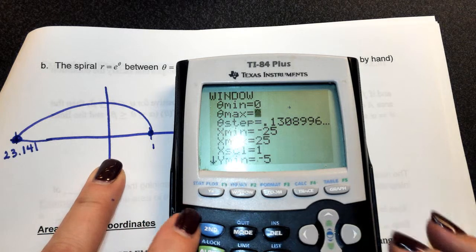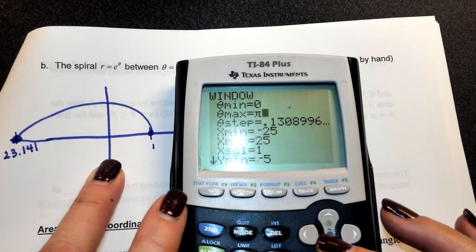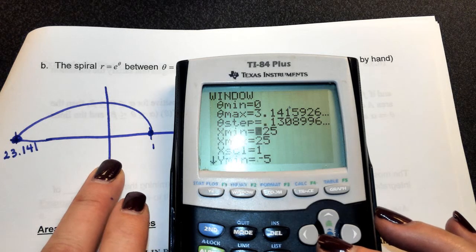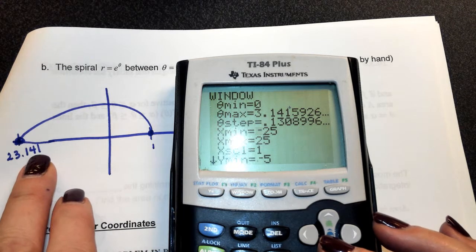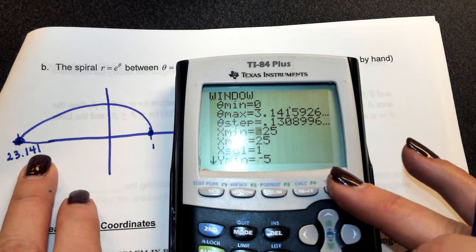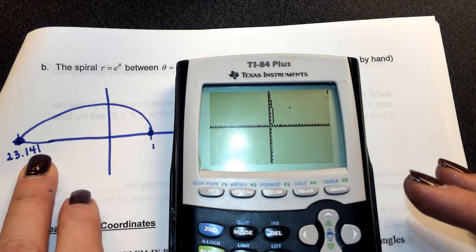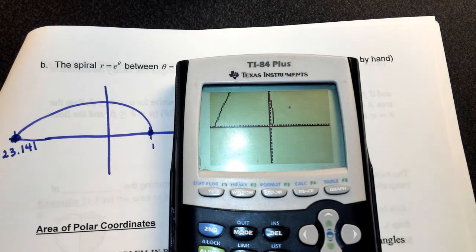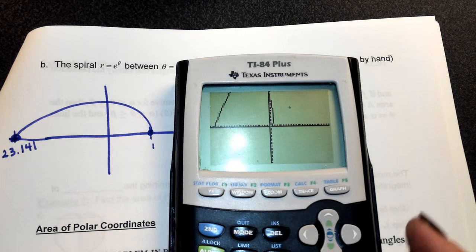Now remember, ladies and gentlemen, you're going to have to take your x min out to something greater than negative 23, so I'll take it out to negative 25, because you have to see it past that negative 23. Spirals are something we don't really cover in terms of how to graph them by hand. You don't need to know how to graph a spiral by hand. That's why it says graph using your calculator.